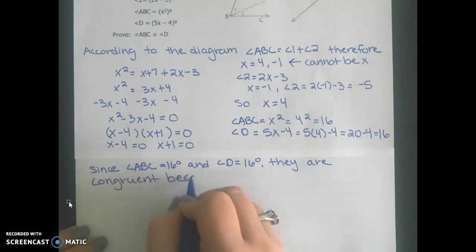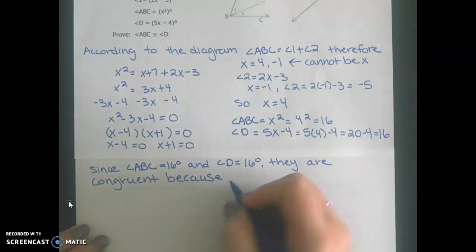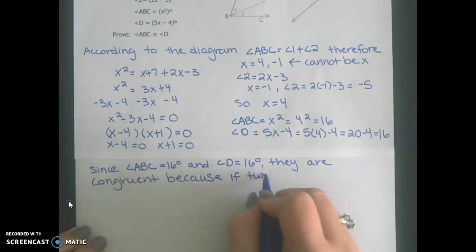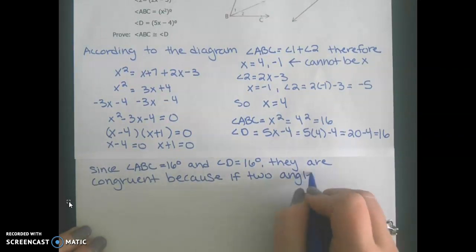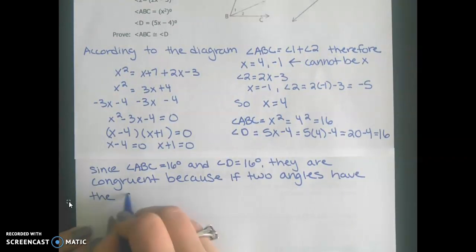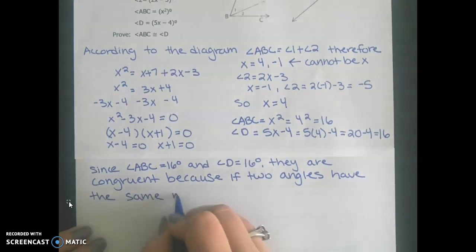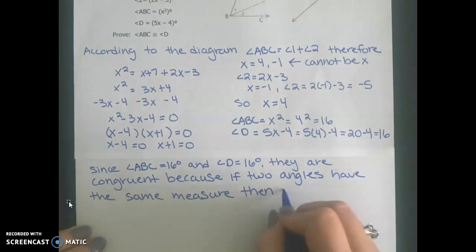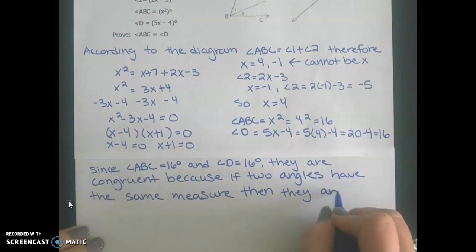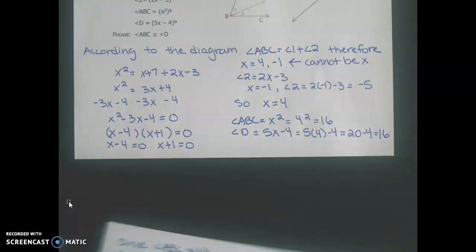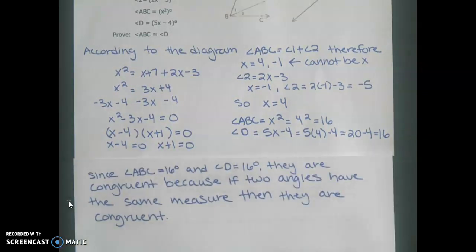Because, remember, I need to include my definition, because if two angles have the same measure, then they are congruent. And that is the completed proof for example 3.